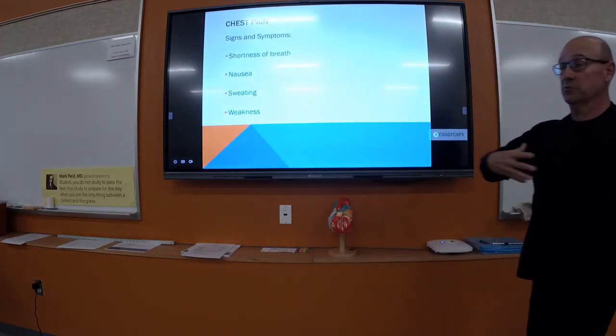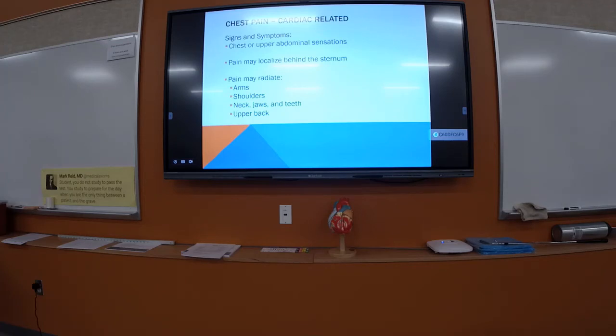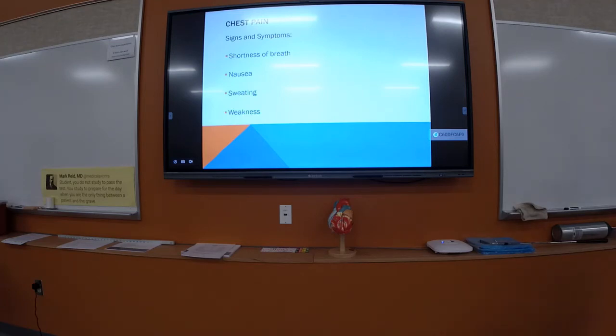The patient feels weak. Weakness comes from they're having this cardiac event and it's decreasing their cardiac output. So when we look back: pressure type pain, radiating pain in the jaws, back, arms, shortness of breath, nausea and vomiting, diaphoresis, and weakness.